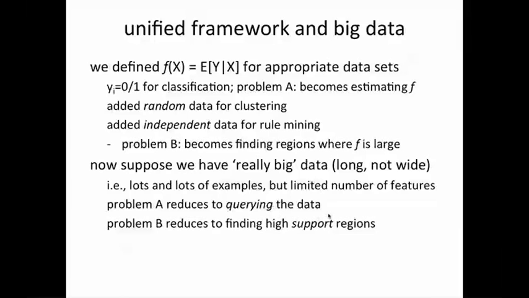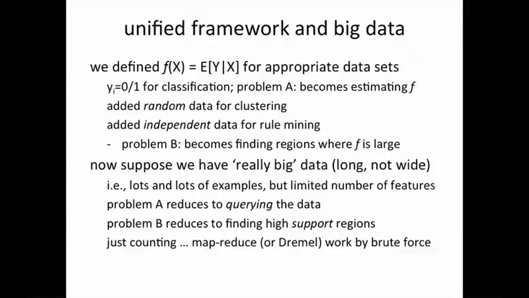Note here that we're talking about finding high support regions and not just high support combinations of features as in the association rule mining case. Finding regions of high support is a little bit more difficult and is often referred to as bump hunting. We won't go into this in more detail here, but the unified formulation that we have used is particularly useful in tackling bump hunting problems.